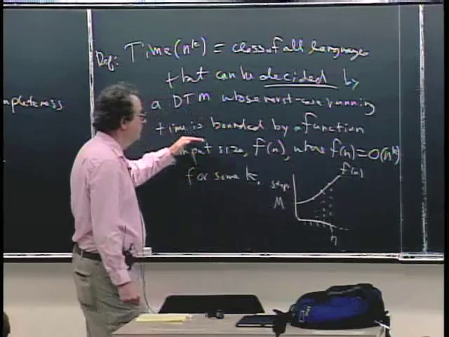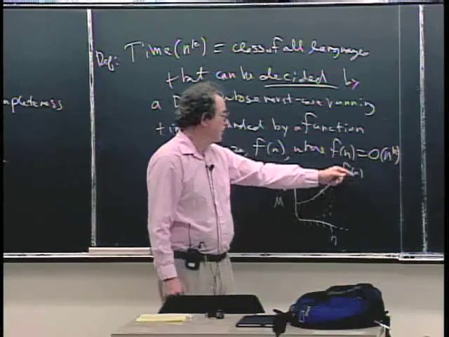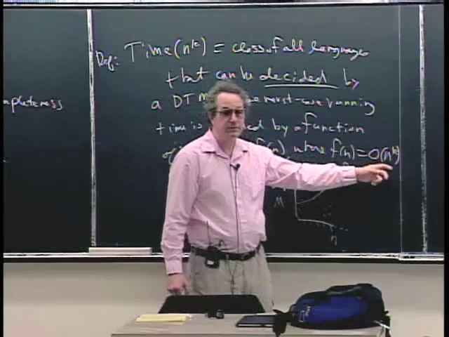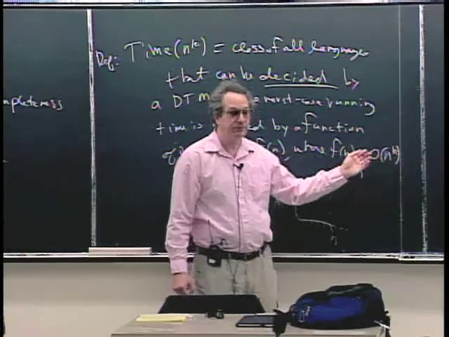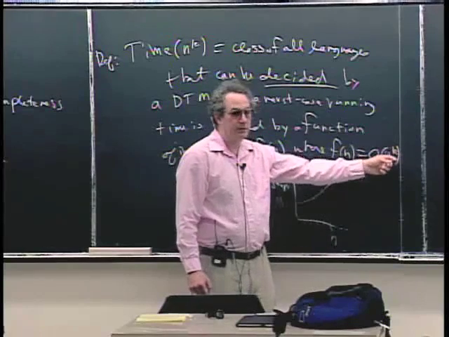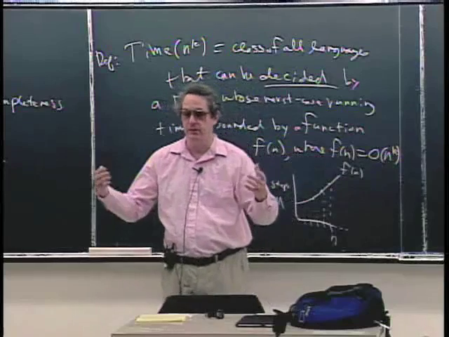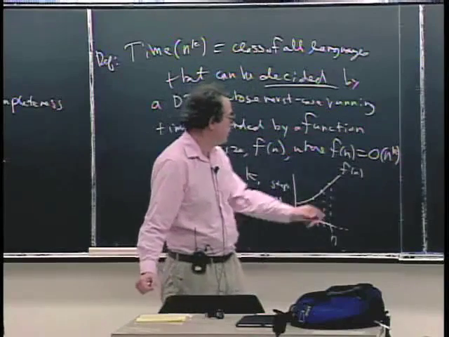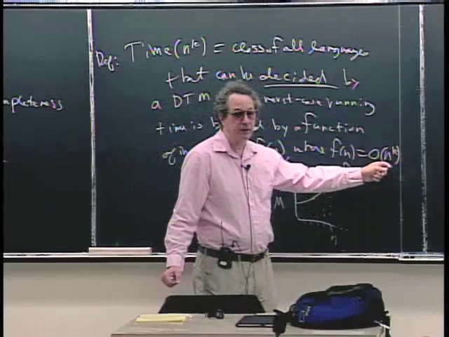And then we can talk about f of n, that function, is bounded from above, with the big O notation, by n to the k. And we defined the big O notation last time. N to the k, that's a polynomial function of n. K is some particular number, 2, 3, 5.7, whatever. N to the k is a polynomial function of n.